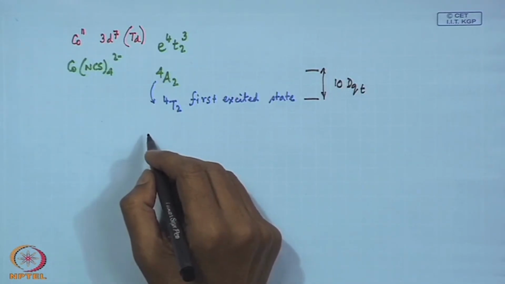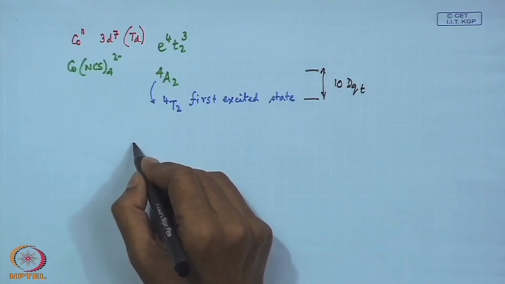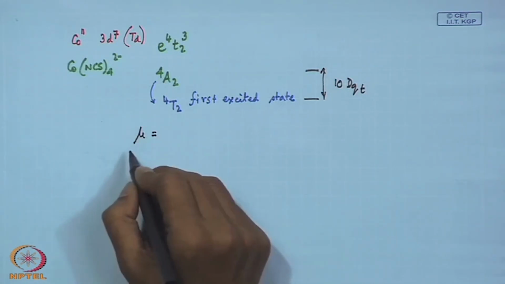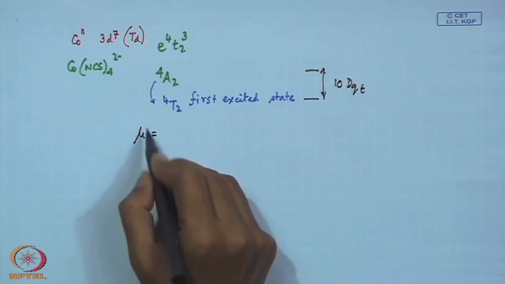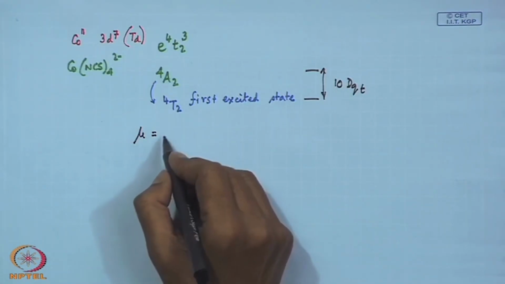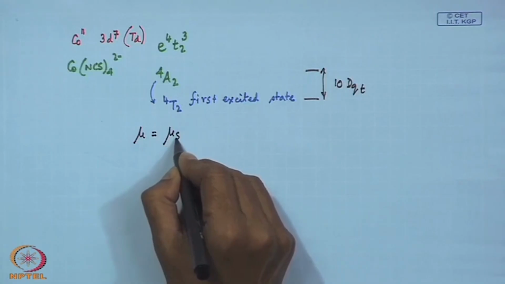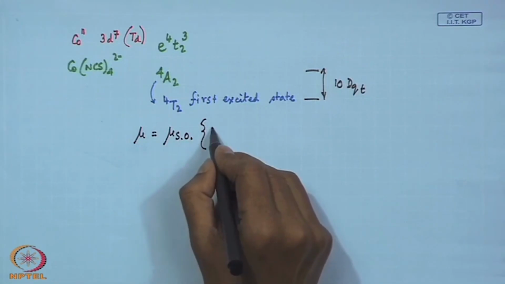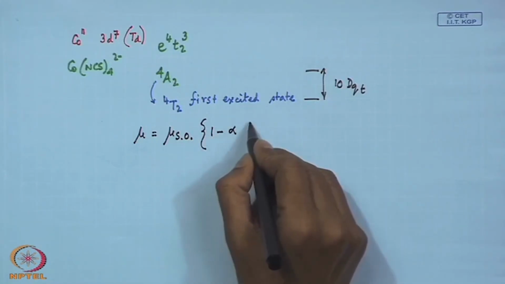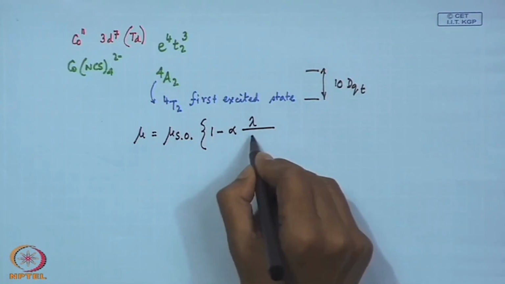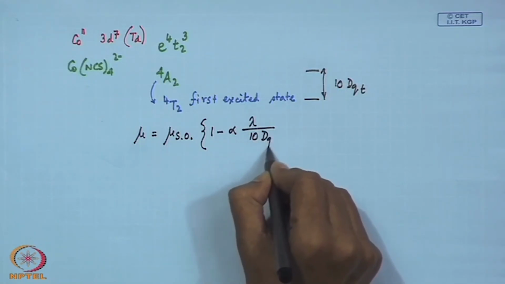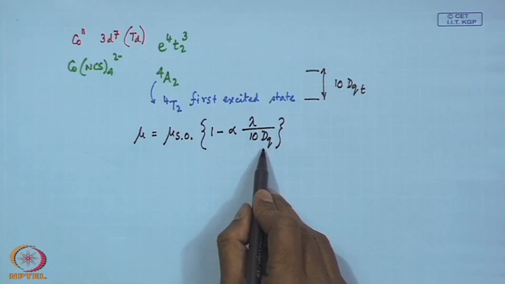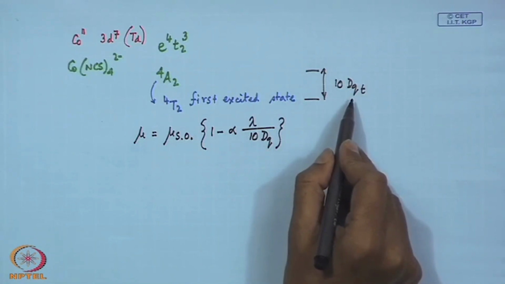Due to the mixing, the magnetic moment is justified in terms of L plus S values as mu spin only multiplied by 1 minus alpha lambda divided by 10 Dq. It can be Dq O, that means octahedral, or Dq t for the tetrahedral geometry.